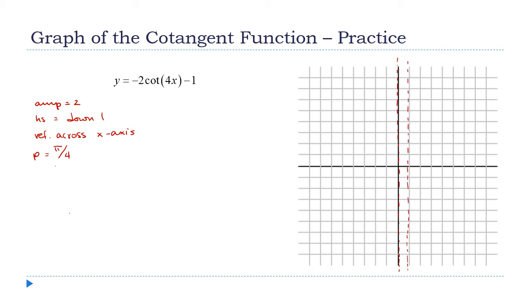And then I'll have another one at negative pi over 4. And it's going to squeeze into these, right? So my next one will be at, let's see, my period is pi over 4, so just keep adding pi over 4. Pi over 4 plus pi over 4 is pi over 2, which is a little more than 1.5. And then we get another one here at minus pi over 2.